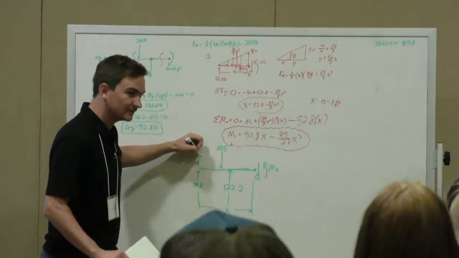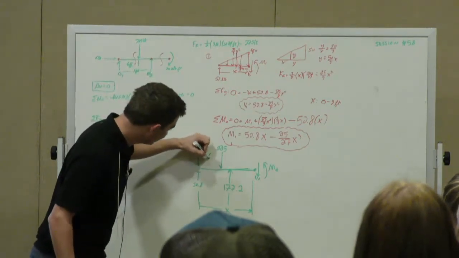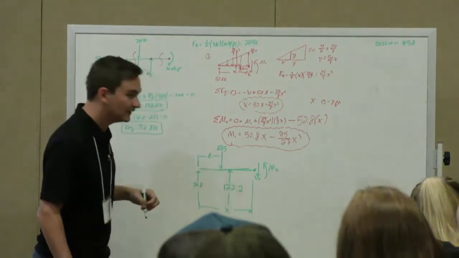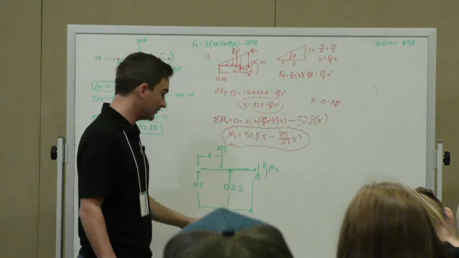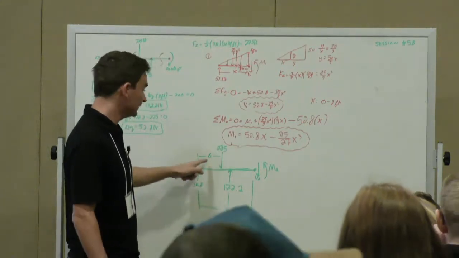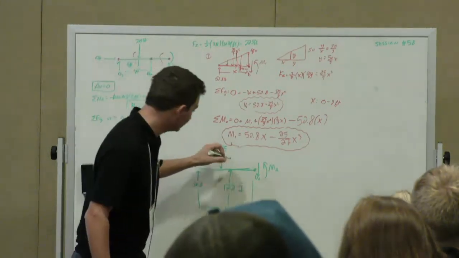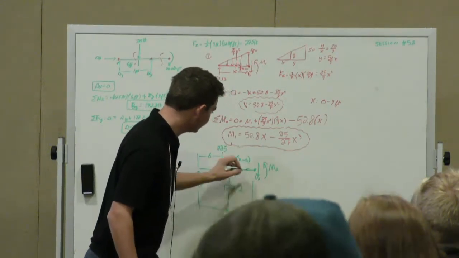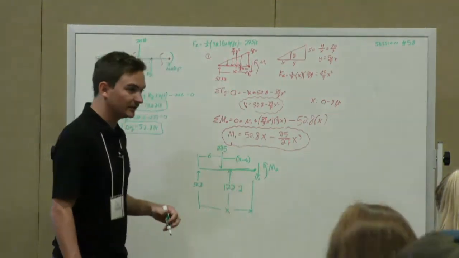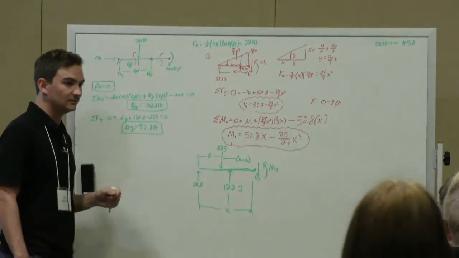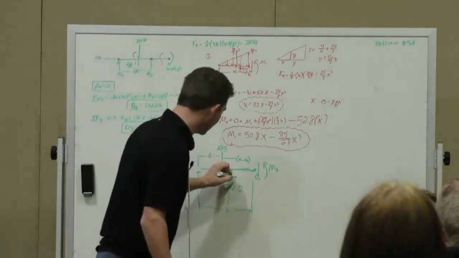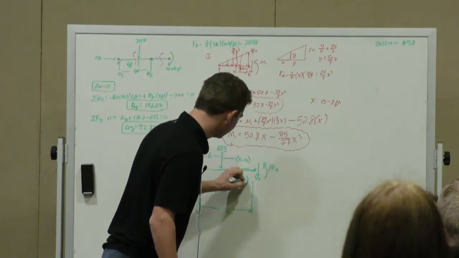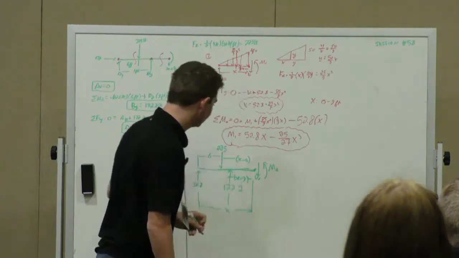It's x minus 6. Since we know this distance is 6 feet, if we want it from this other end, we do our total minus our known distance of 6. So this distance is x minus 6. And what about the 172? Yeah, so similarly, it'll be x minus 9 from here.